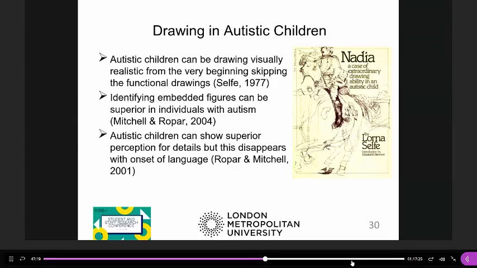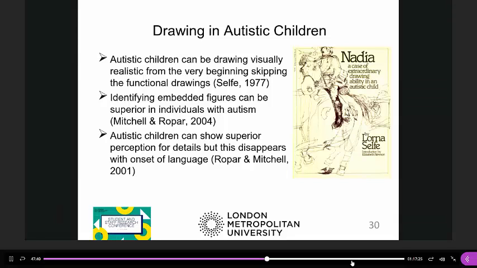This drawing was made by a girl who was 3.5 years of age at the time. So they're basically skipping this building block stage, and they are drawing visually realistically, like a camera, basically, from the very beginning of their life.